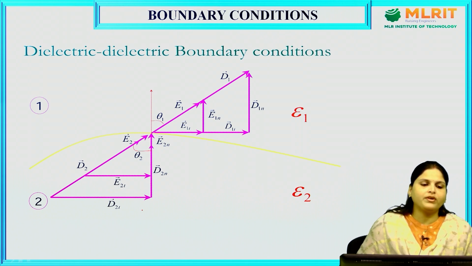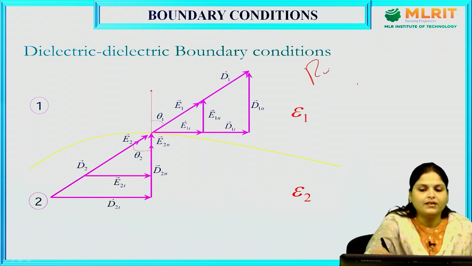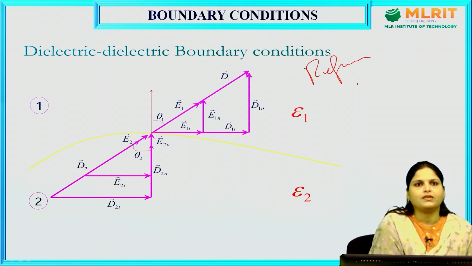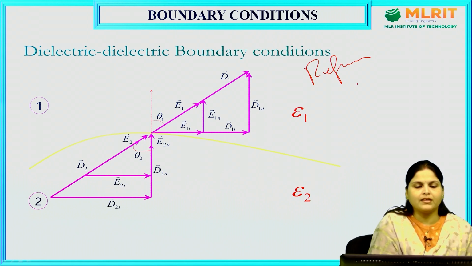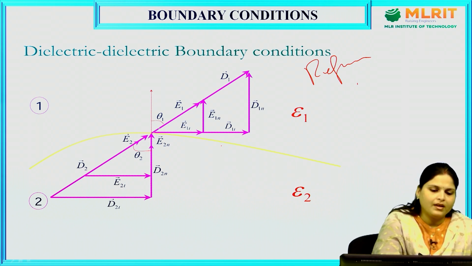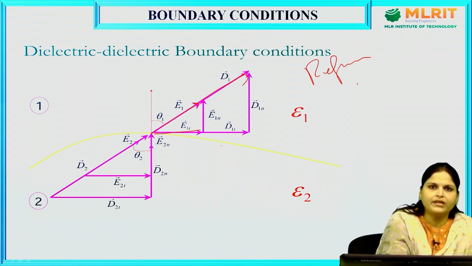There is one more condition for the dielectric boundary condition when we are considering refraction. Now if you notice here, again we have two different mediums, but here we are considering the law of refraction. Here you can see this is E1, this is D1, again two components, E1t, E1n, D1t, D1n.